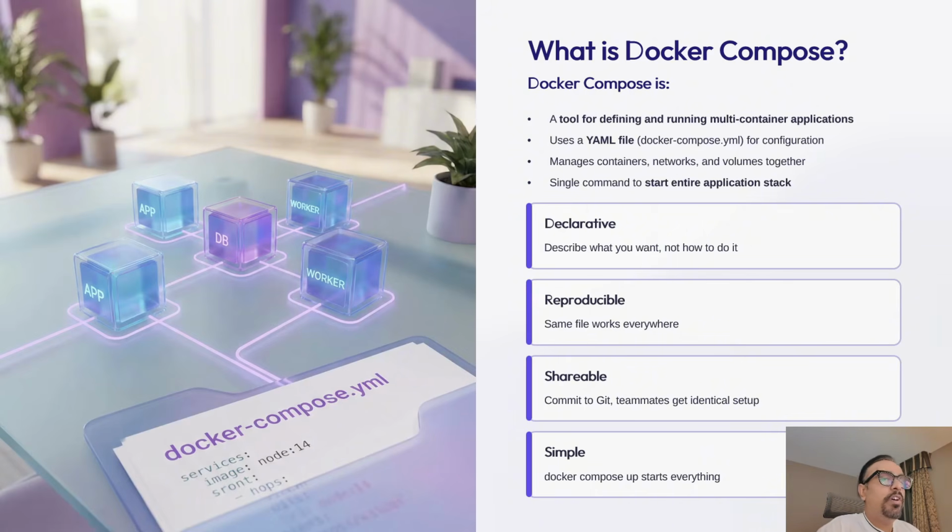So first, let's talk about what Docker Compose is. Docker Compose is a tool that sits on top of Docker and makes managing multiple container applications incredibly simple for you. Instead of running multiple Docker commands, you create one YAML configuration file called docker-compose.yaml.